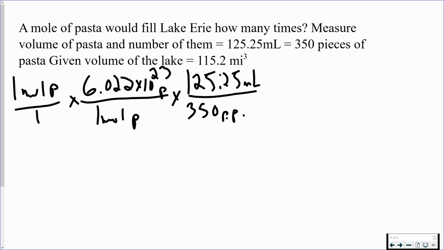And that would be 125.25 milliliters. Now we're going to go to centimeters cubed out of milliliters. And then we need to get from centimeters cubed to kilometers cubed, 10 to the 5th centimeters. We're going to do that 3 times.